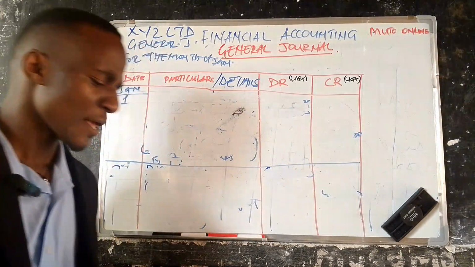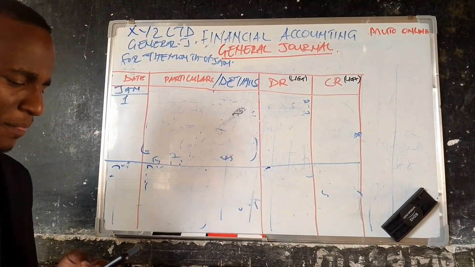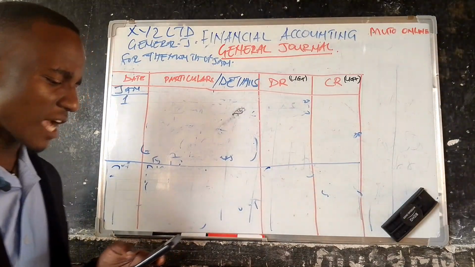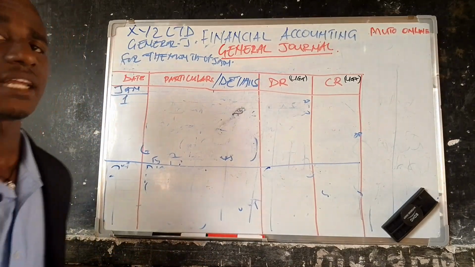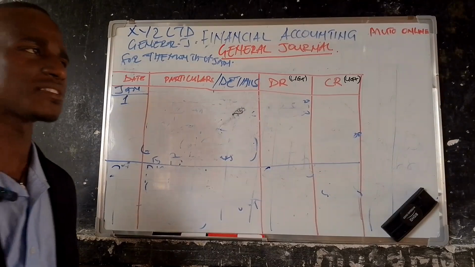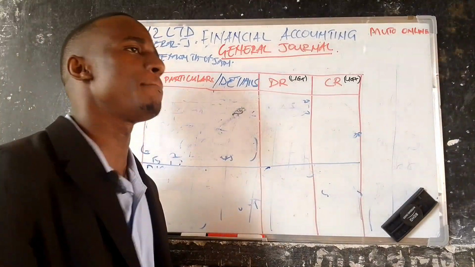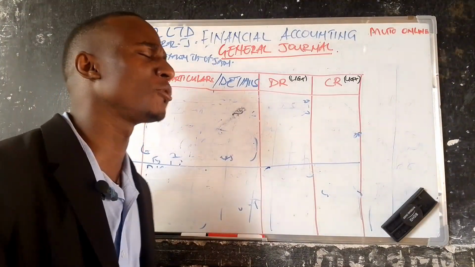So on 3rd January, Jane bought a motor vehicle for 1.5 million by check. Look at such a transaction. You should specify what a motor vehicle is.